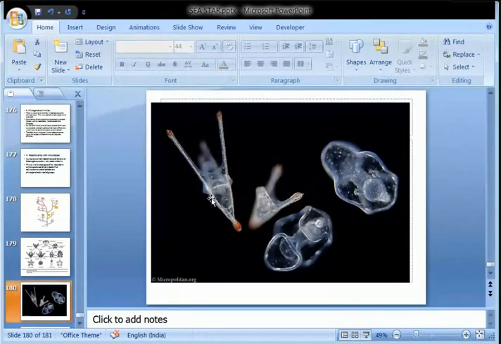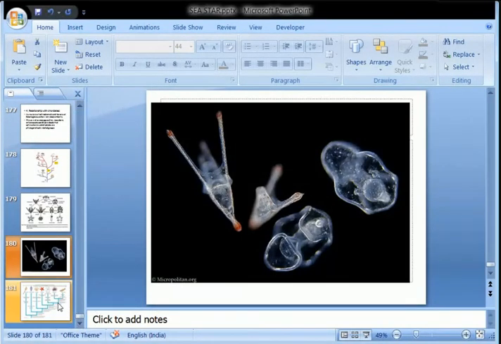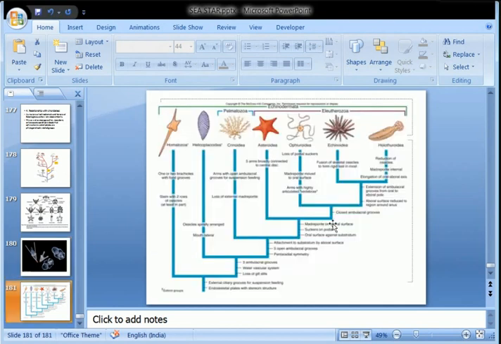This is again a picture, and here you see these different larval forms, the bipinnaria and the developing stages of Ophiopluteus. Just go through this. At this point it is not that visible, but this is a good slide, so go through it.